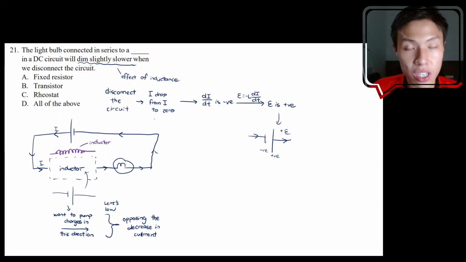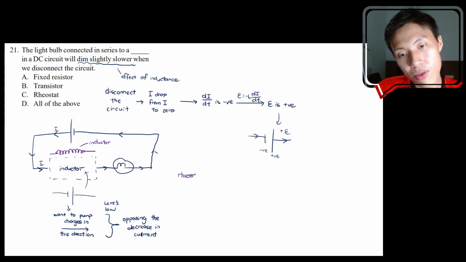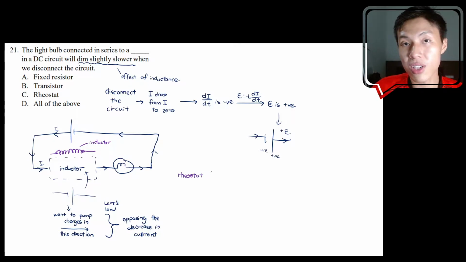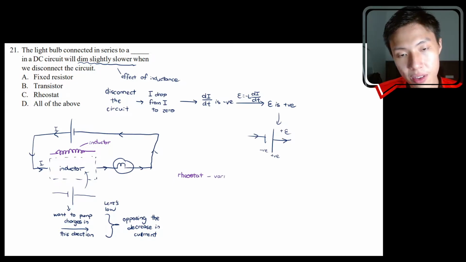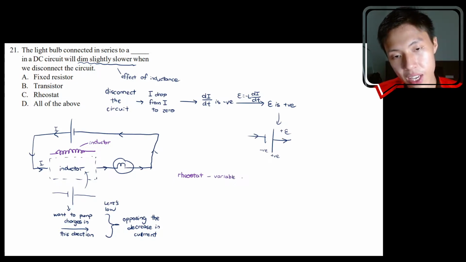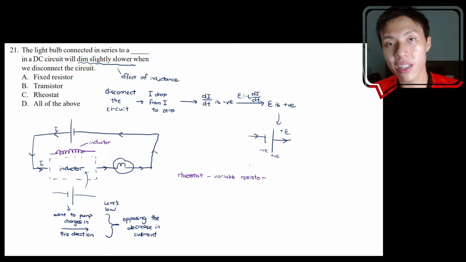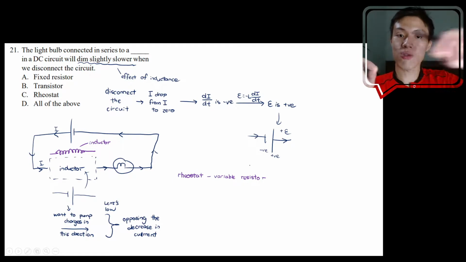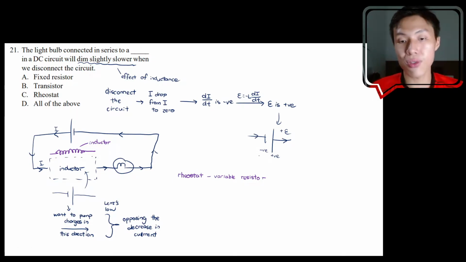An inductor is usually in the shape of a solenoid. A rheostat is the one that allows you to change the resistance. A rheostat is a variable resistor. If you are doing an Ohm's law experiment, the thing is called a rheostat. The one that you can slide along to change the resistance, to change the current, that is a rheostat.